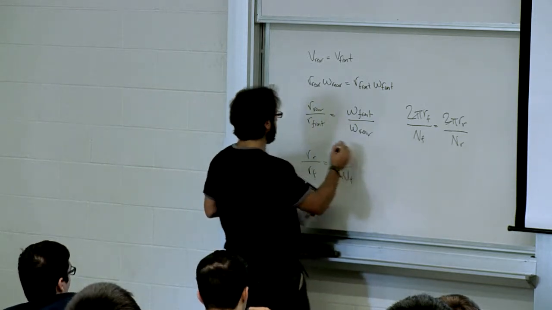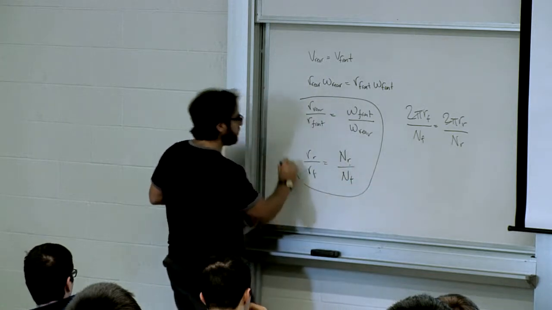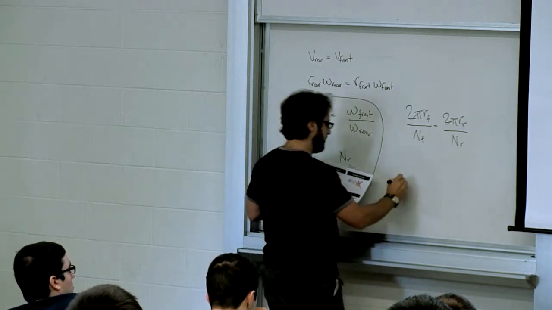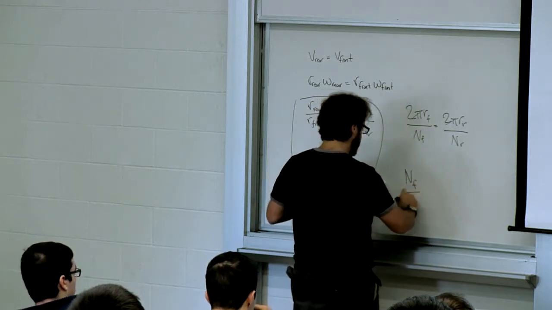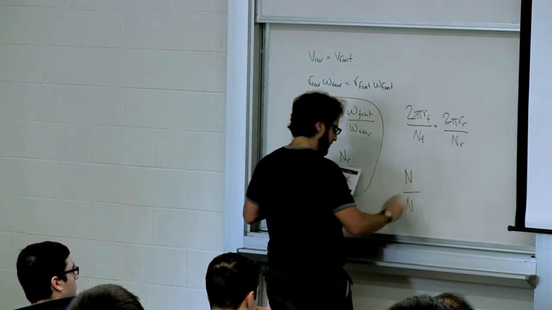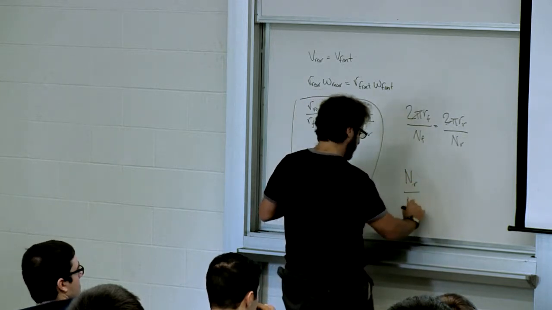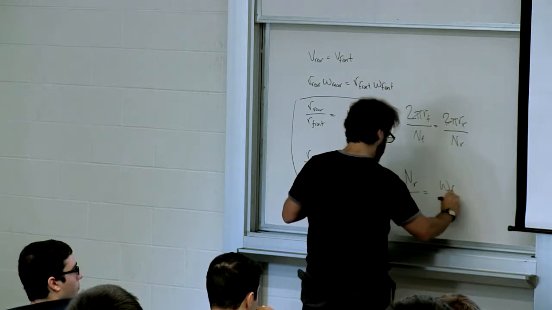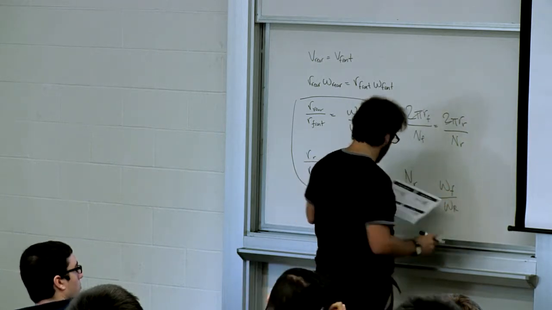Okay. And so then you combine these two sets of equations to give you a relationship between the omegas and the r's, which tells you n rear over n front is omega front over omega rear.